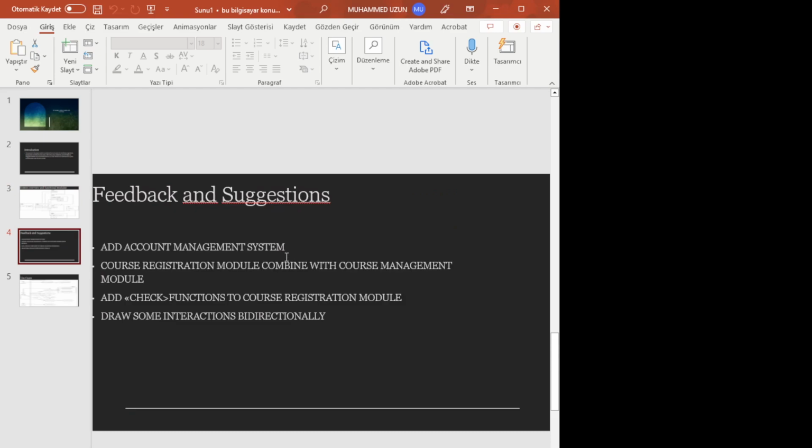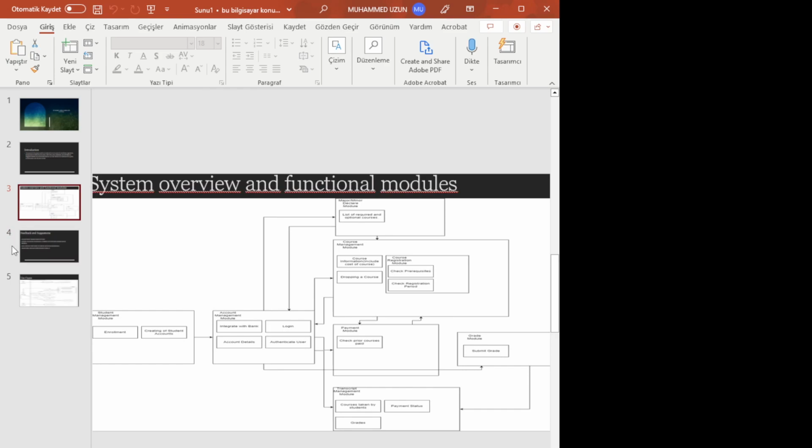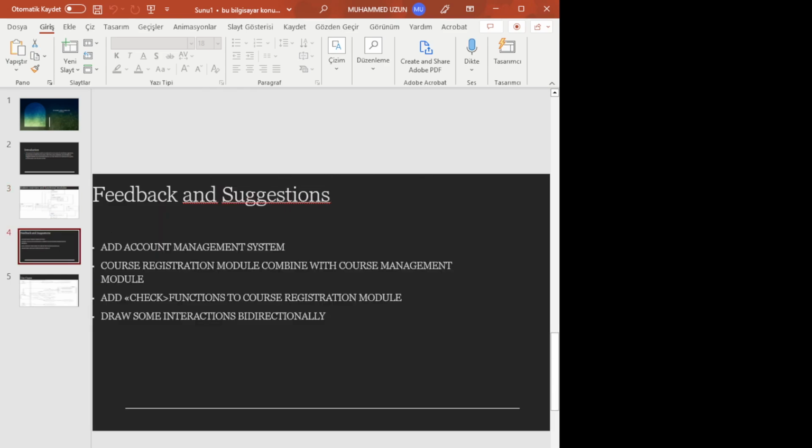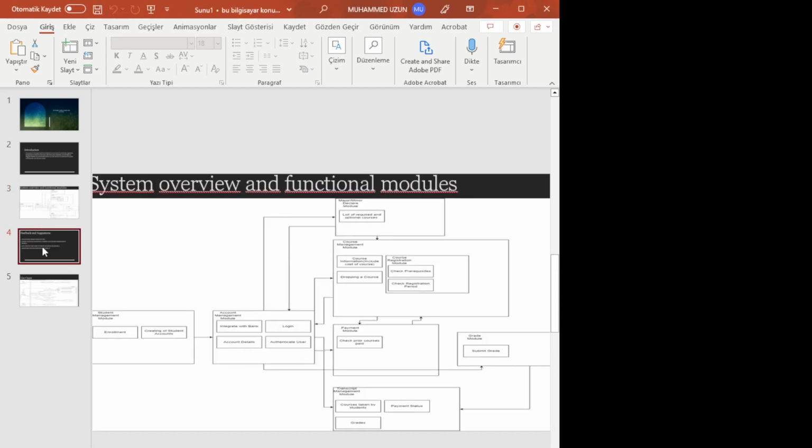When I showed the diagram to my friends, they told me to add an account management module. At first there was only a student management module. However, they told me to add an account management module, this module. Thus, account details could be easily followed, and most importantly, the professor-student distinction could be made with user authentication.